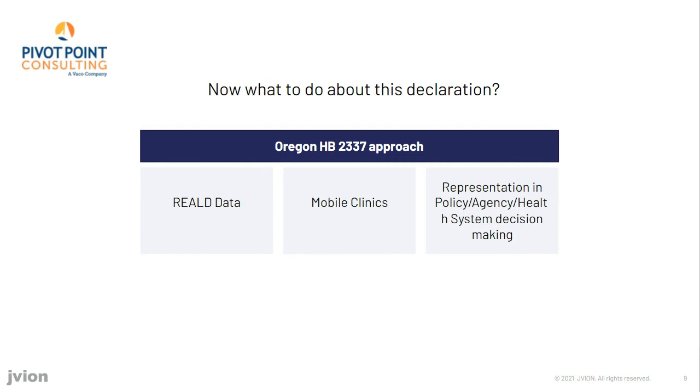In Oregon, we have a bill that has gone through our House and Senate and is now in the budgetary process, called House Bill 2337, and that's our own declaration of racism as a public health crisis in Oregon. It's kind of a threefold approach. Representation in policy, agency, and health system decision-making is one key piece of it.